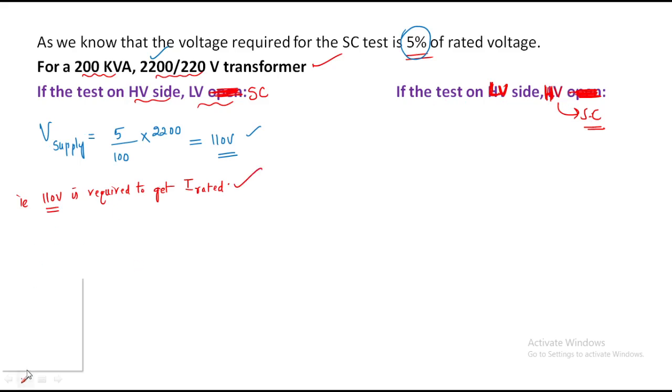Then what is the value of I rated? I rated on HV is 200 kVA into 10 cube divided by the HV voltage, 2200.